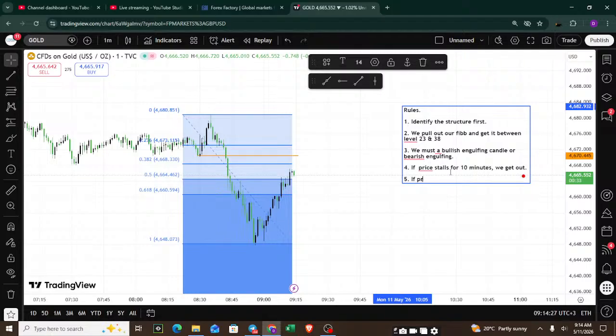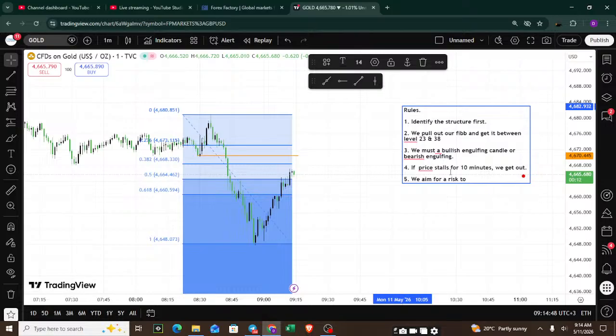Now we aim for our risk to reward. We always aim for a risk to reward of 1:4 or 1:3 mostly.